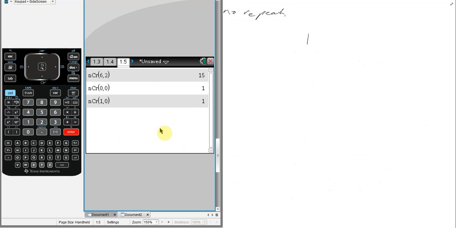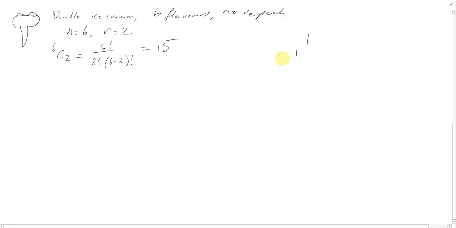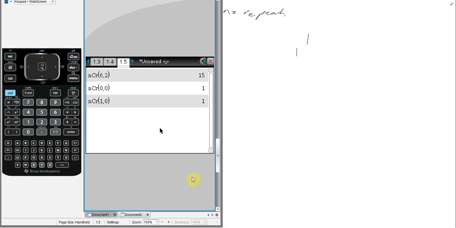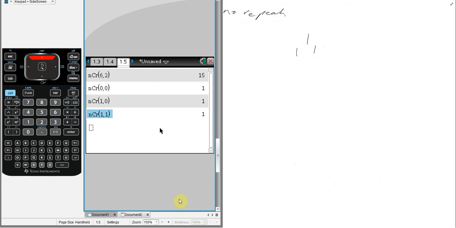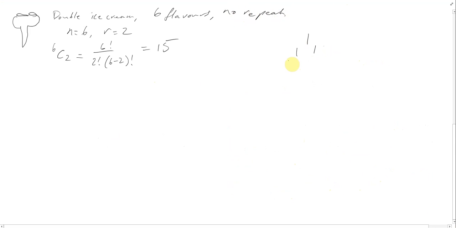Well, there's only 1 possible way you can do that as well. Now, what if we had 1 object arranged in 1 position? That's just 1 way. Okay, what if you had 2 objects arranged into 0 positions? Only 1 way you can do that.